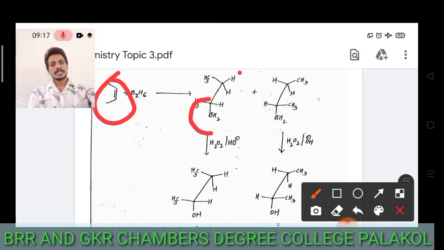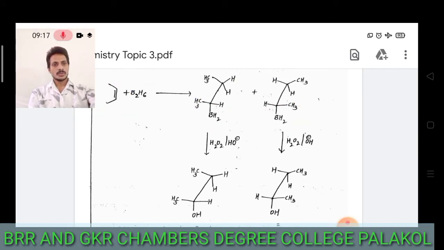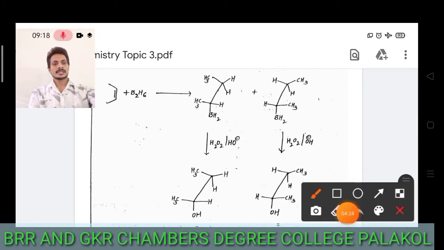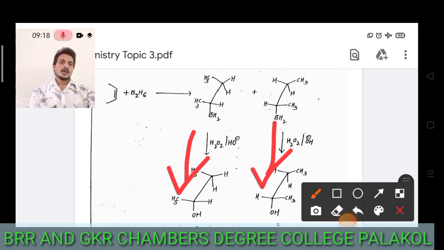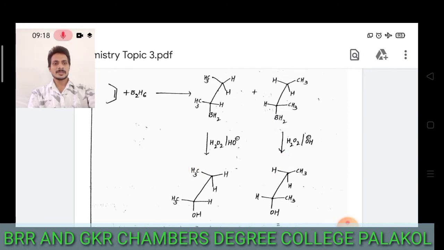It is a chiral center, and this is also a chiral center. Again, this chiral-center-containing molecule undergoes an oxidation reaction with hydrogen peroxide to give the corresponding alcohols. In these reactions we compare the steric crowding with respect to borane and methyl groups.